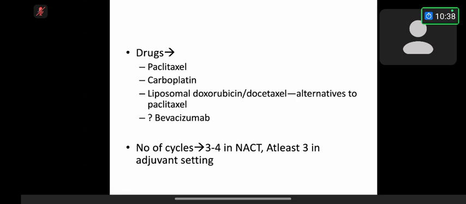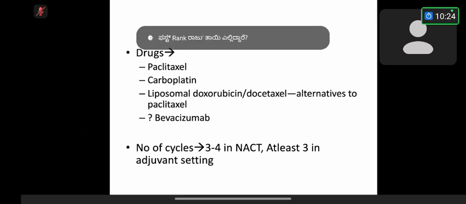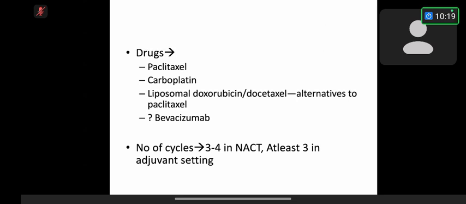So overall, ideally 6 cycles, but in NACT you can use 3 to 4. Yes, the guidelines say if you assess that it may not be possible to do a surgery even after 3 cycles, you can go up to 6 cycles in selected cases only. But try to give 3 in neoadjuvant and 3 in adjuvant setting.